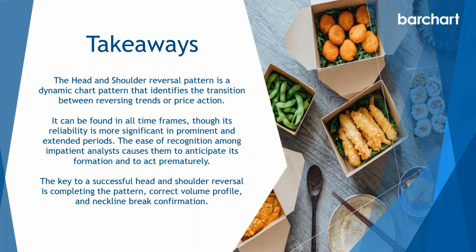Okay, so what are some of our takeaways? Remember, the head and shoulders reversal pattern is a dynamic chart pattern that identifies the transition between reversing trends or price action. If we're finding these head and shoulders patterns in lower time frames, we have to take them with a grain of salt.